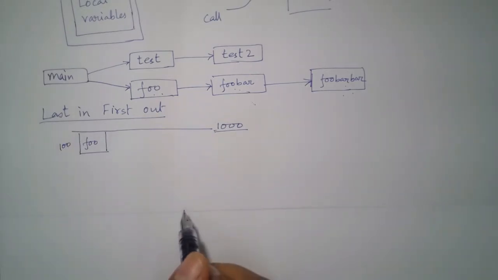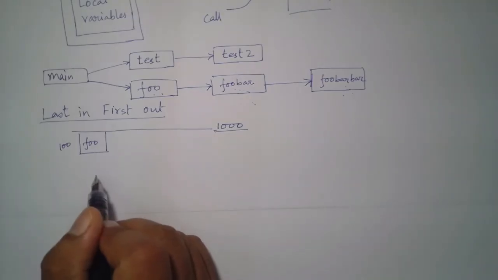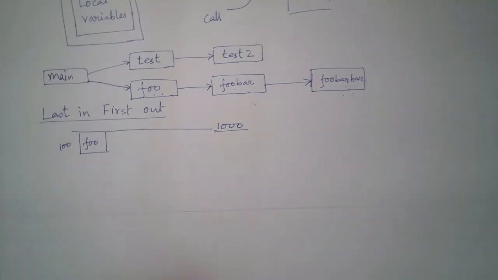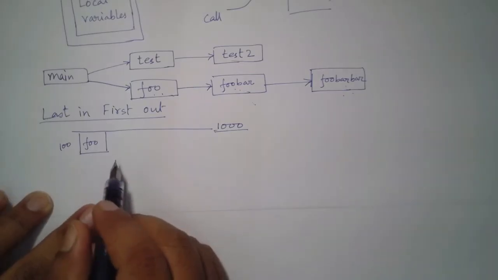Okay. Now this is allocated. Next, let us say foo calls another function foo bar. So next I have to allocate another activation block. So how can I allocate this activation block?